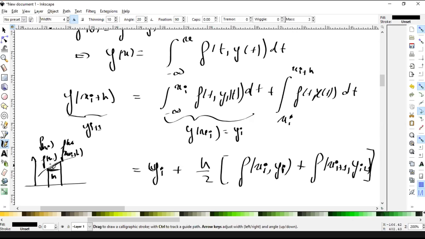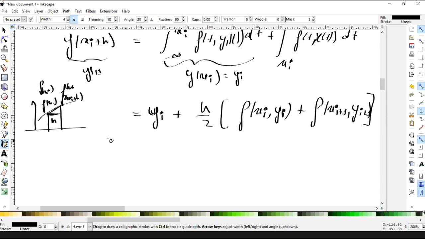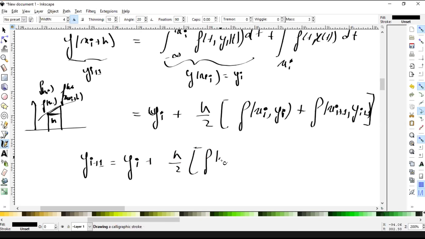We had f of xi plus f of xi plus h over 2, multiplied by h, the height of the trapezoid. So if you express this, you get yi plus 1 is equal to yi plus h over 2 times f of xi, yi plus f of xi plus 1, yi plus 1.